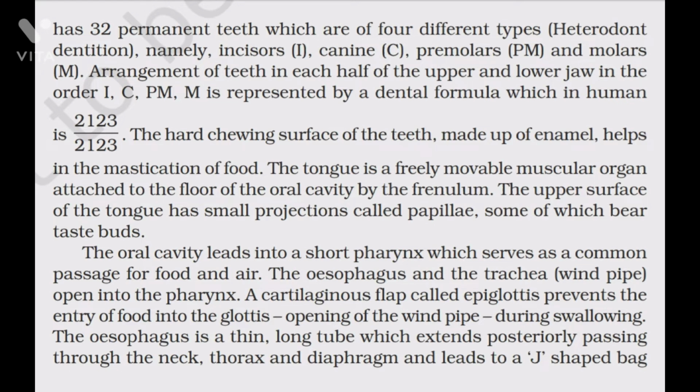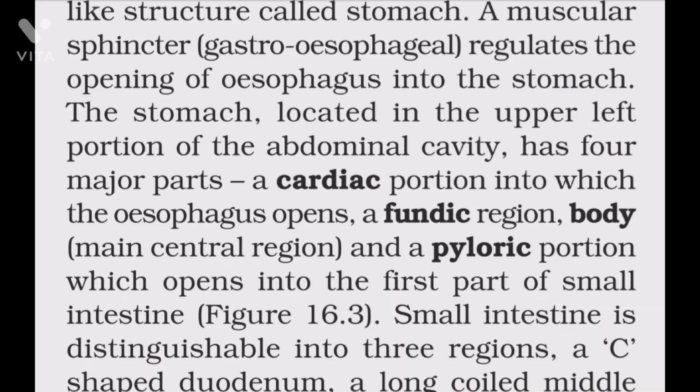The esophagus is a thin, long tube which extends posteriorly, passing through the neck, thorax, and the diaphragm, and leads to a J-shaped bag-like structure called stomach. A muscular sphincter, gastroesophageal, regulates the opening of esophagus into the stomach.